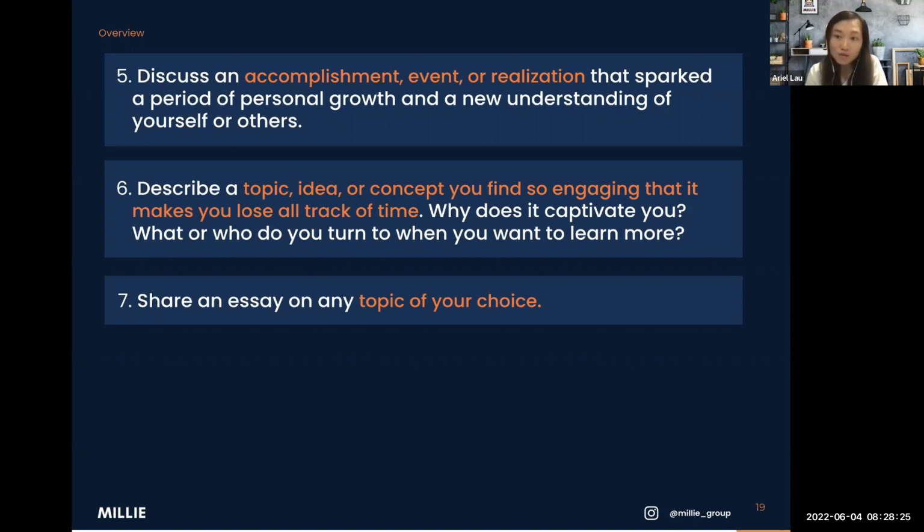Make sure that you're actually describing something that is very important to you, and don't just pick it so that it would stand out in front of the admission officers, because I've seen a lot of students who had chosen this as their Common App topic. They ended up producing a statement that could easily fit under any of the previous 6 prompts. So only pick this if you think that whatever you're trying to express cannot be captured by any of the previous 6 prompts.